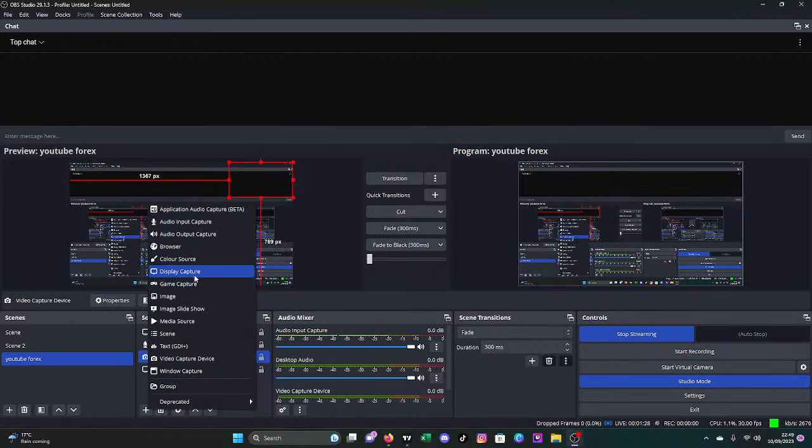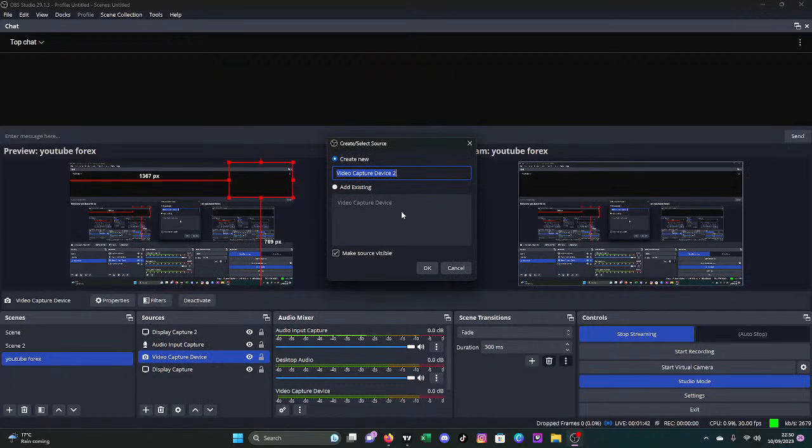Where is the display capture? Audio input. Video capture.